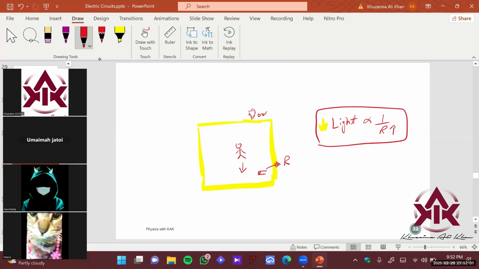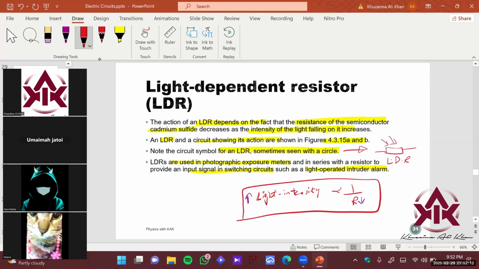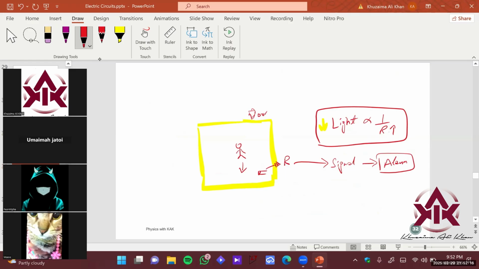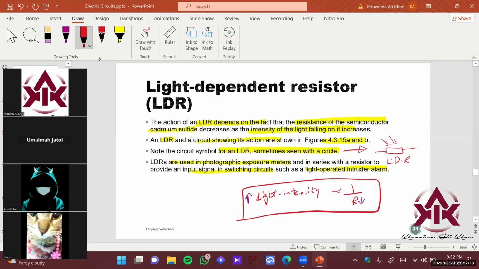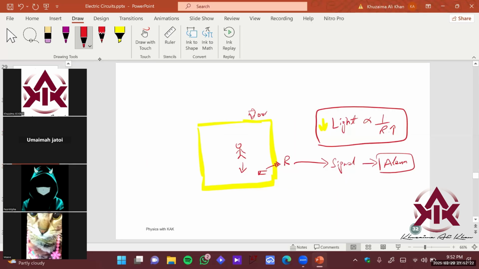So this can send a signal to sound the alarm, and then the person can know if there's any intruder in the house or not. That is how sensors work. They have applications depending upon the type of application. So these sensors are sensing the environment, and depending upon the environment conditions, they give you a signal.